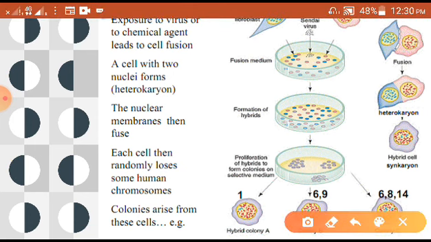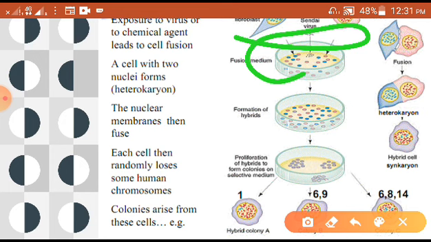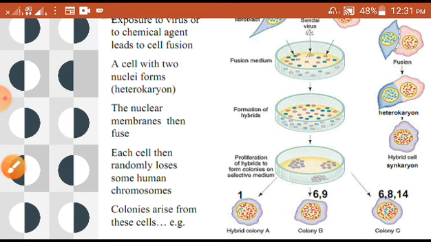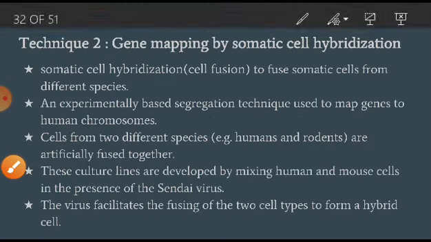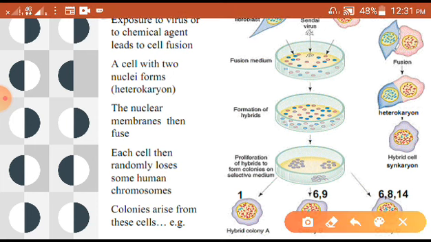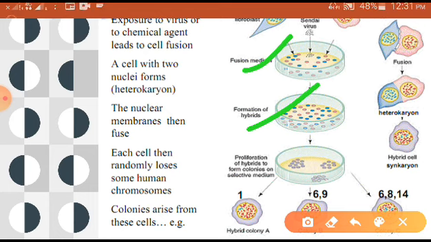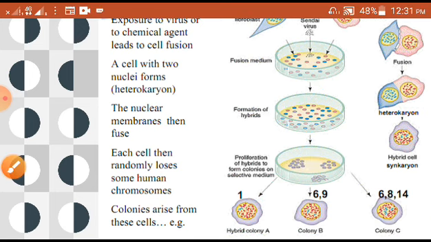You can see here they are mixing it in the presence of Sendai virus. So fusion is happening here, with formation of hybrids and proliferation of hybrids to form colonies on selective medium.